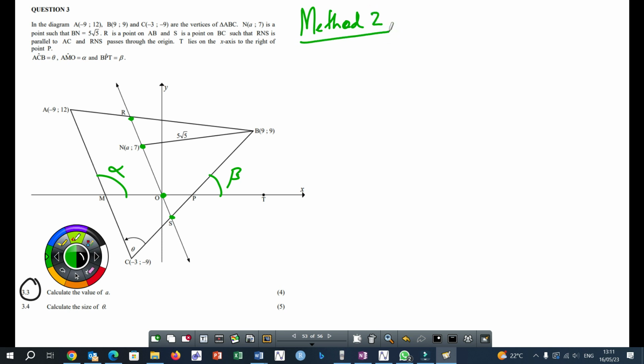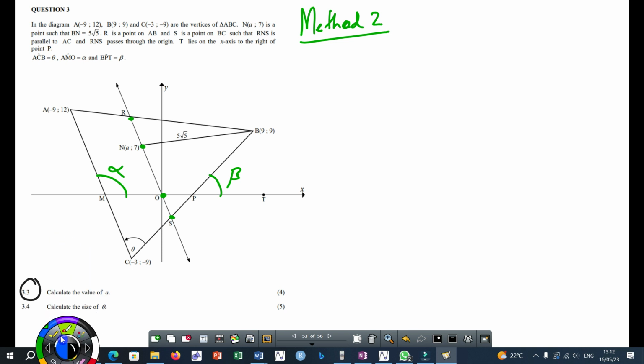I can't go to method 3, by the way, because method 3 requires what's called the cosine rule, which you haven't done. We'll do it later in the year. So finding this angle can be done using 3 ways. The third way you haven't done, so I can't talk about it. Let me carry on now. Make sure you pay attention.